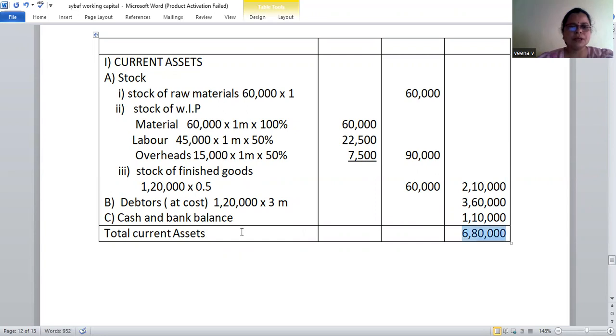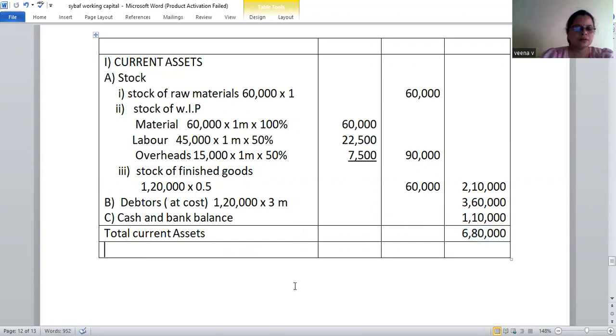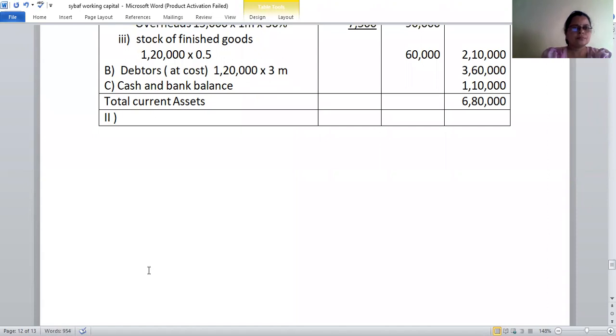Now Roman 2 will be current liabilities.